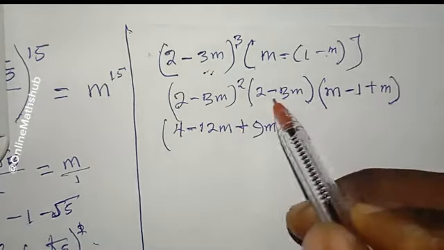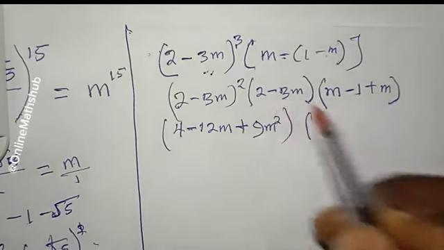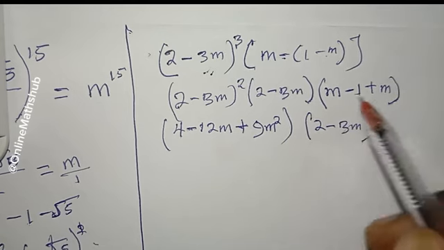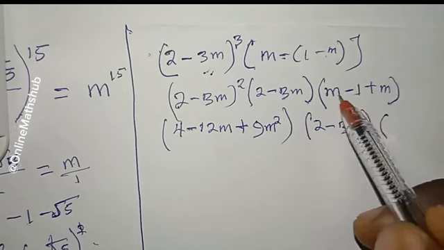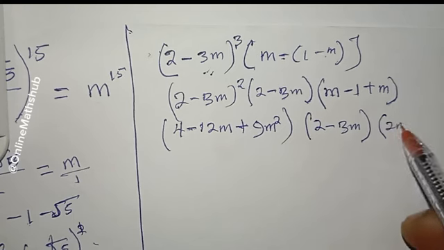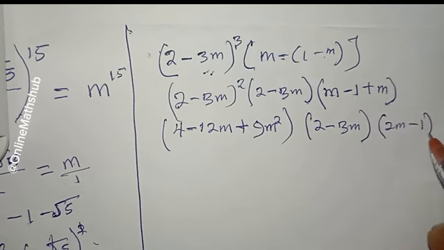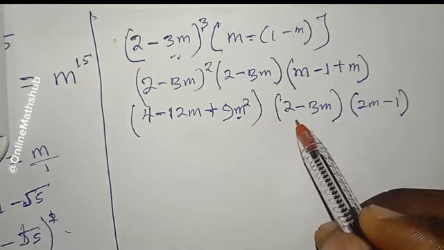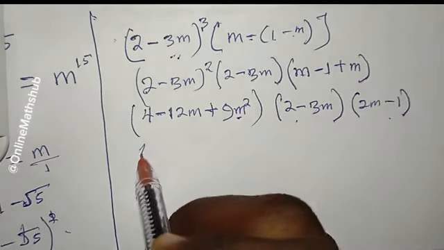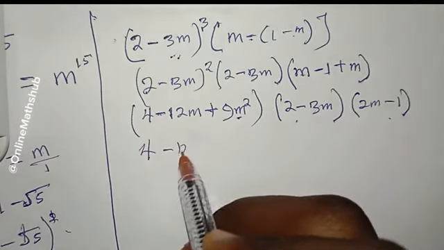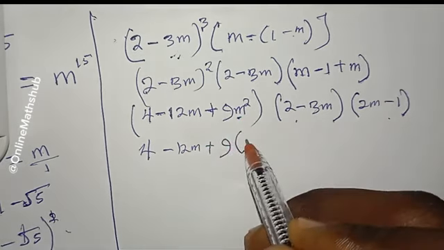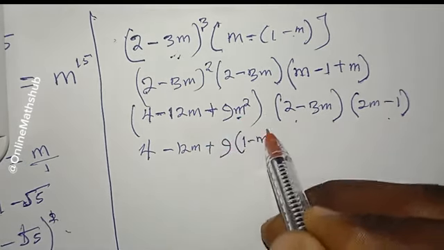Okay, and then for this one I have the same 2 minus 3m. Okay, and then for this, what I'm going to be having is m plus m, and that's 2m minus 1. So I can just go ahead to replace this stuff I have right here, and then I'll use this bracket to also multiply this. Okay, so I'm going to be having 4 minus 12m plus 9 into m squared is 1 minus m.